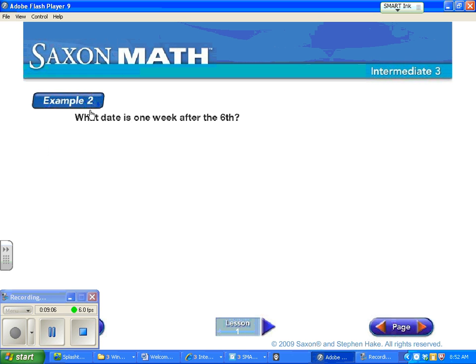Now look at example 2. What date is 1 week after the 6th? Okay, so let's find our 6 on our calendar. You guys see it? What date is a whole week after the 6th? Raise your hand if you know. All you have to do is take your finger and look right underneath the 6, and it's going to be the what?